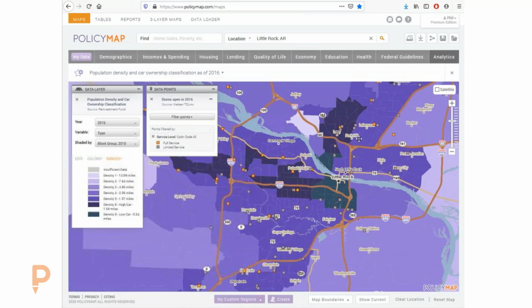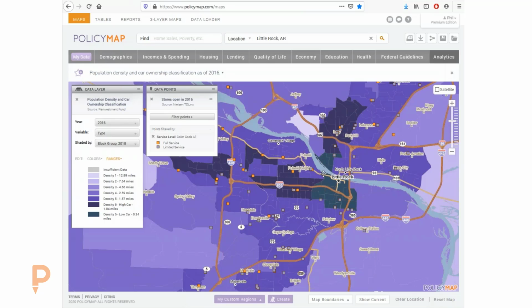And so the first iteration of the methodology is to understand car ownership versus density of population. Once you start finding these places, in this case, this is a density score of 6, which is basically for us the highest density, but the lowest percentage of car ownership.